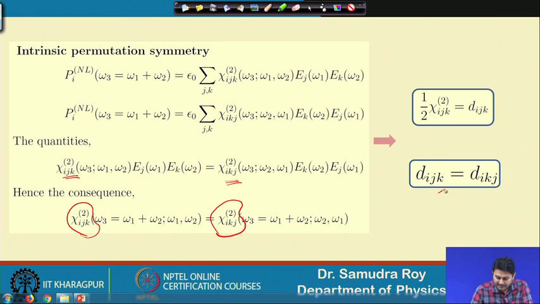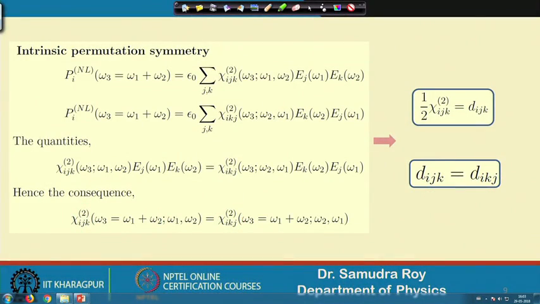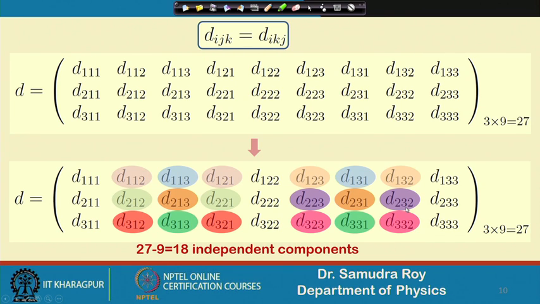That means I can interchange these two indices. Now, if ijk and ikj are the same due to this intrinsic permutation symmetry, then the D matrix, which has 27 elements, can be significantly reduced to 18 elements. How this reduction is possible, let us see.